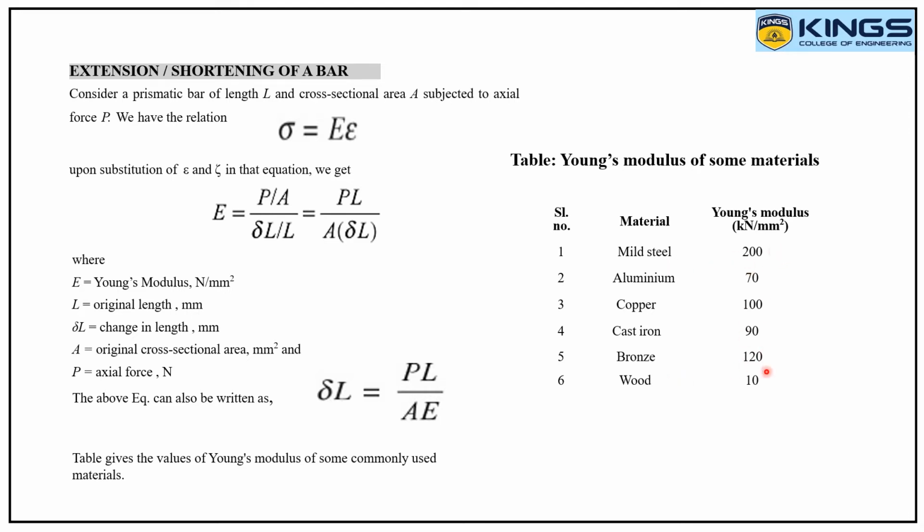So regarding these engineering materials, these are the Young's modulus values. For example, mild steel is 200 kilonewton per mm square. If we are asked to write it as Newton per mm square, then it will become 2 into 10 power 5 Newton per mm square, like that for all these materials.